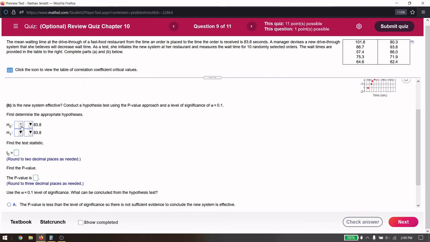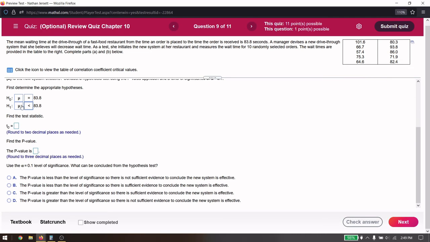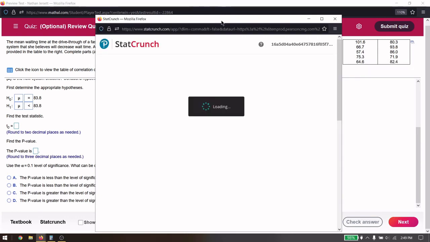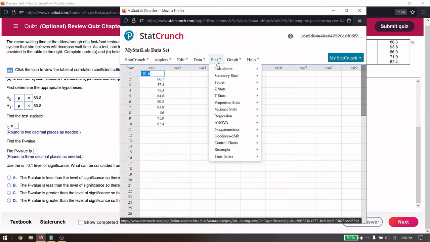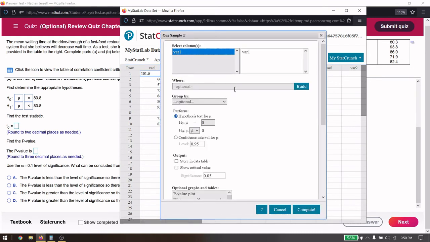So first off, we have a mean equal to, of course, and we're looking for not the standard deviation, the mean. She believes it will decrease the wait time, so we want this to be less than the mean wait time. Okay, to do this test statistic, we have to take the data. I should have left it open when I was doing that before. And this is a t-value because we're talking about a sample, and we have data here, not summary data. var1 is in our data.